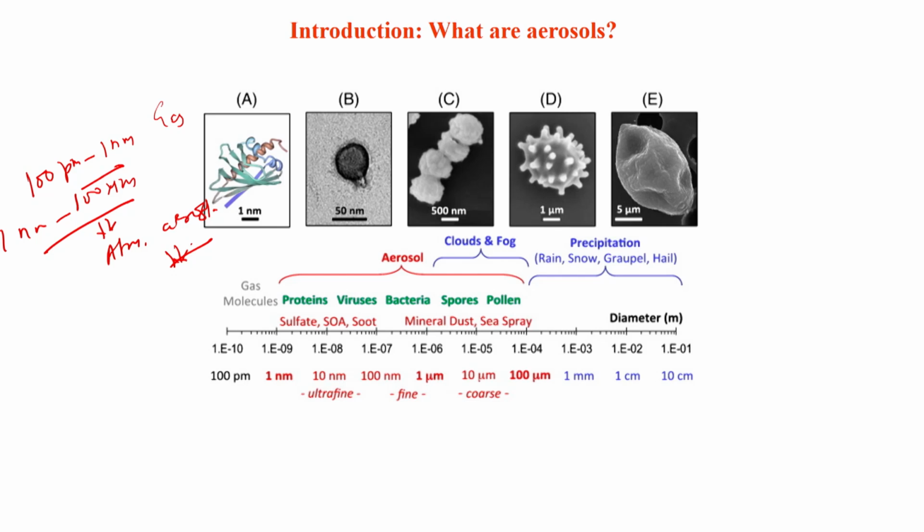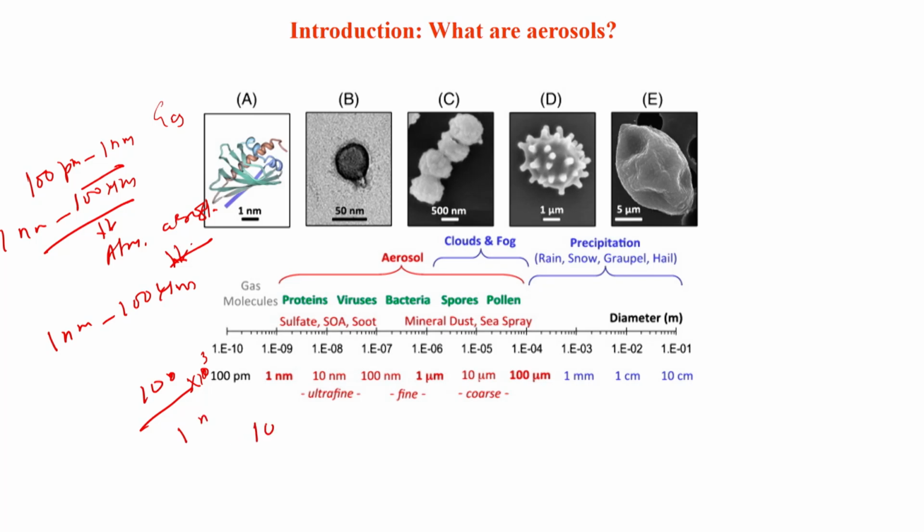So, two things should come to your mind when we discuss aerosols. For example, when I say the size ranges from 1 nanometer to 100 micrometer, 100 times 10 to the power 3 is the nanometer value if I convert, divided by 1 nanometer.